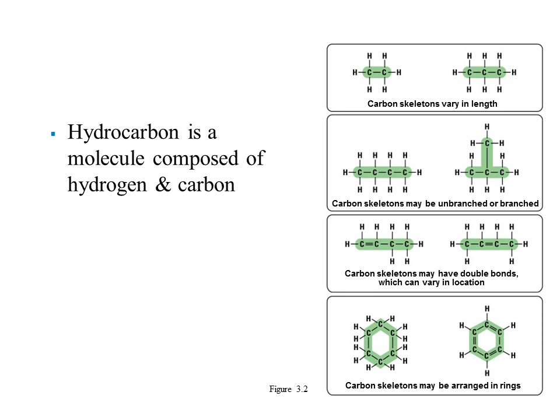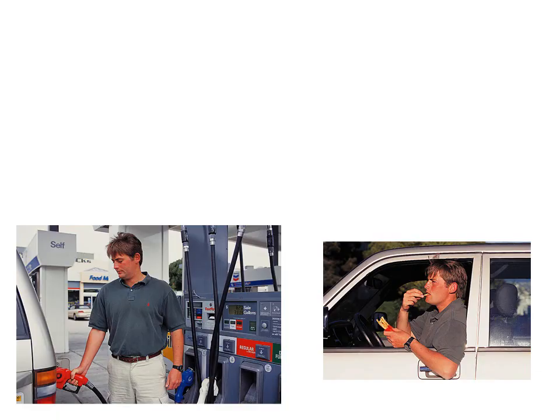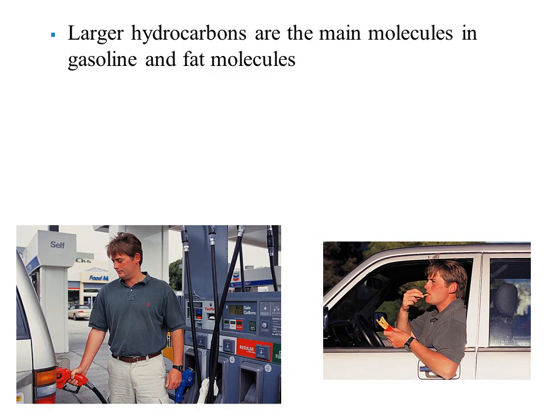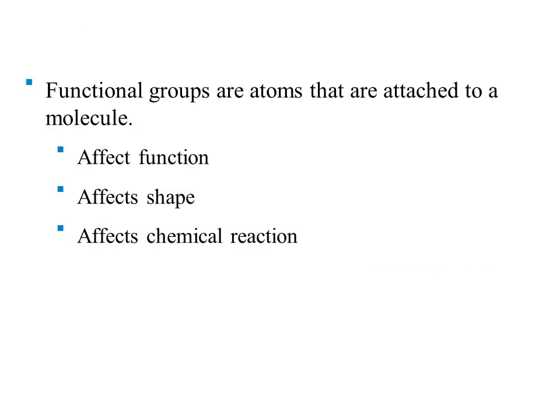It will form these ring-like structures. So these are variations of hydrocarbons that we will see when we get to the chapter where we talk about macromolecules. Larger hydrocarbons will be the main molecules found in substances such as gasoline or fat molecules.